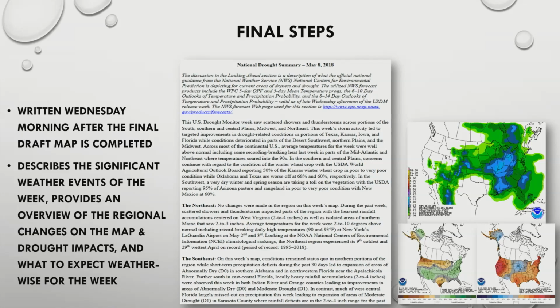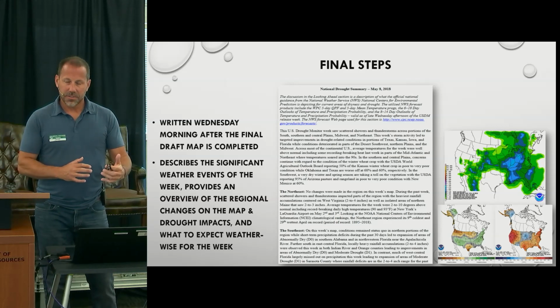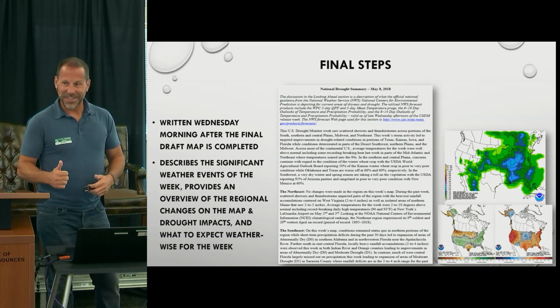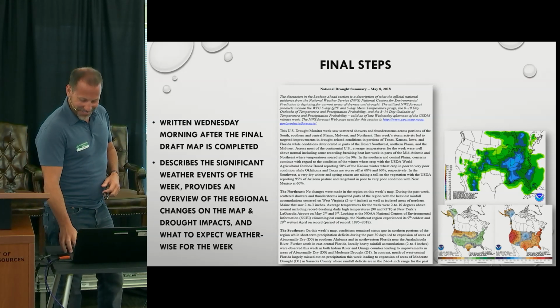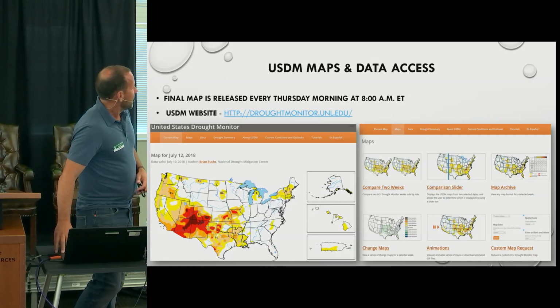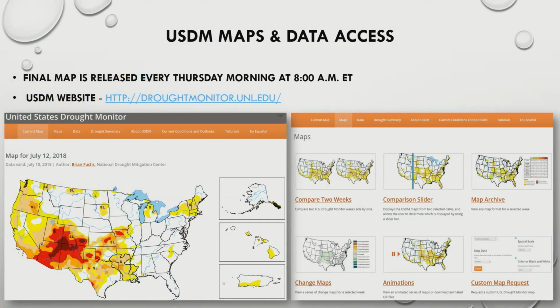And we have to package up all the shape files, send them off to the National Drought Mitigation Center. They process them, hopefully send us an email saying it's okay. Sometimes it doesn't, and then you panic. And then the map comes out Thursday morning at 8 in the morning Eastern time.